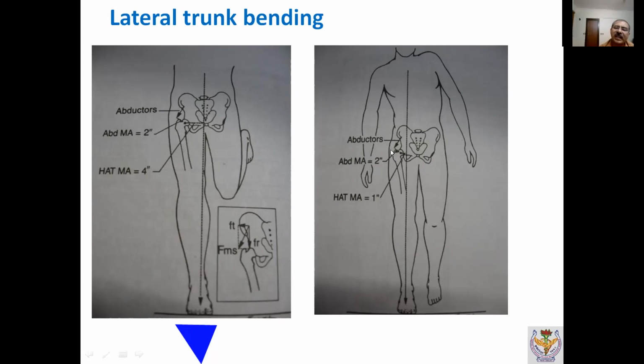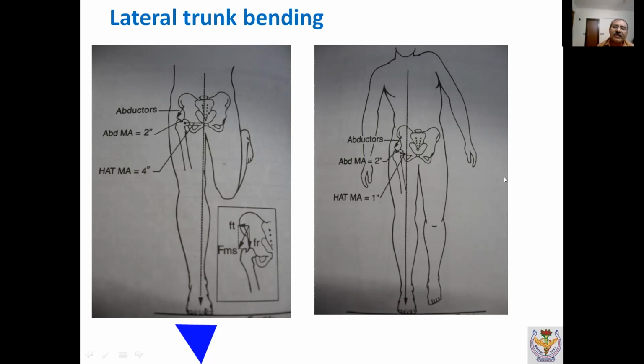So in antalgic gait, the abductor forces are less, so the pain becomes less, right? And in Trendelenburg gait also, when he's lurching on this side, this is the abductor lever arm, and the abductors are now able to balance this far better than if he was lurching on the opposite side, where the body weight lever arm would have increased, right?